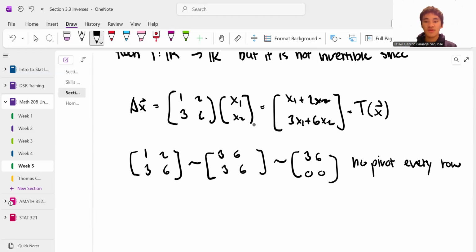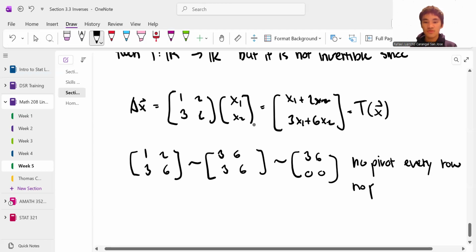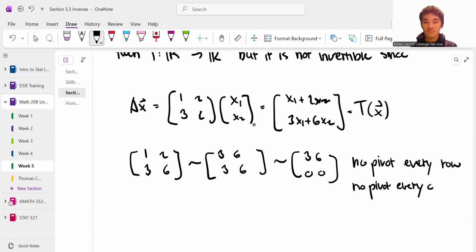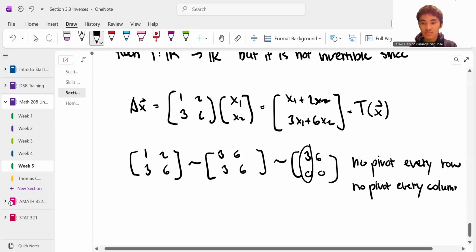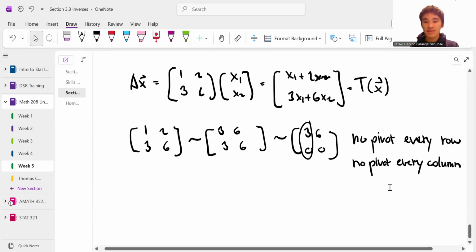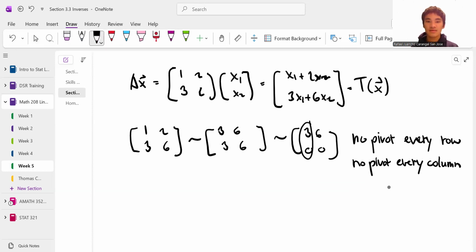And if there is no pivot in every row, oh, there's also no pivot in every column. This column here has a pivot. Does this column here have a pivot? No. We have one free variable. If there's no pivot in every row, it's not onto.